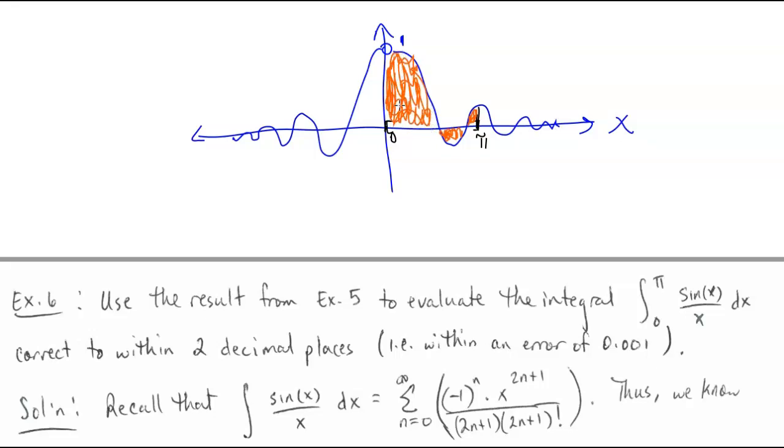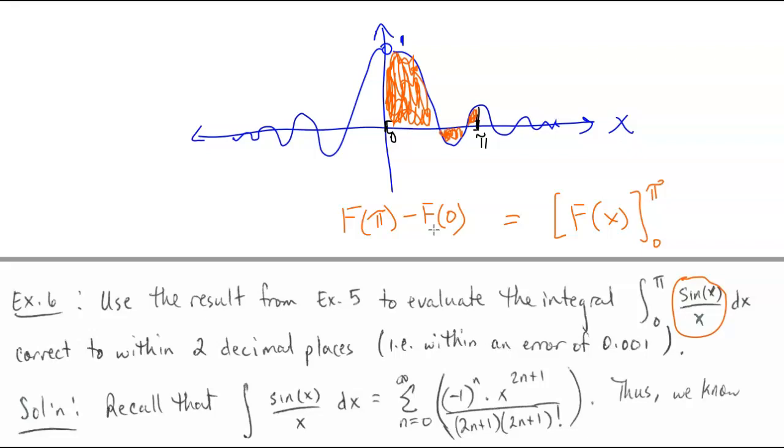And of course we know that if we can take the antiderivative of whatever this function is, then all we have to do is take it and evaluate it at pi minus evaluate it at 0. So this is essentially what we are trying to do.